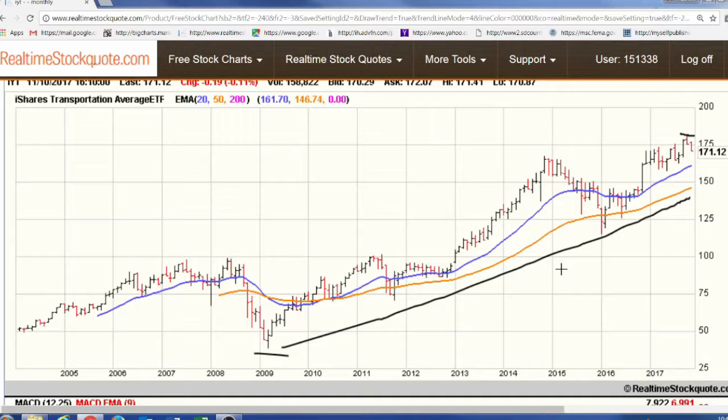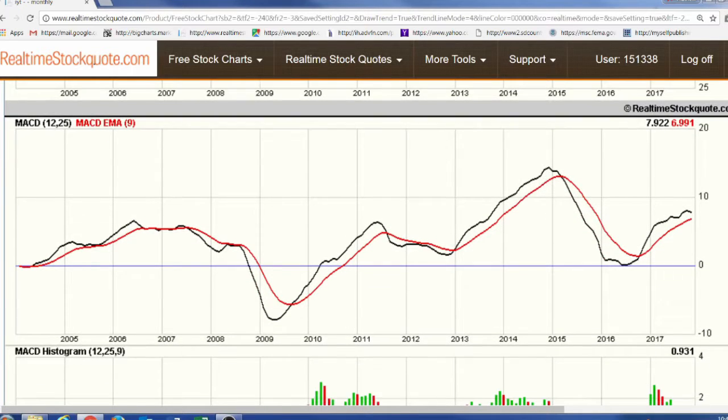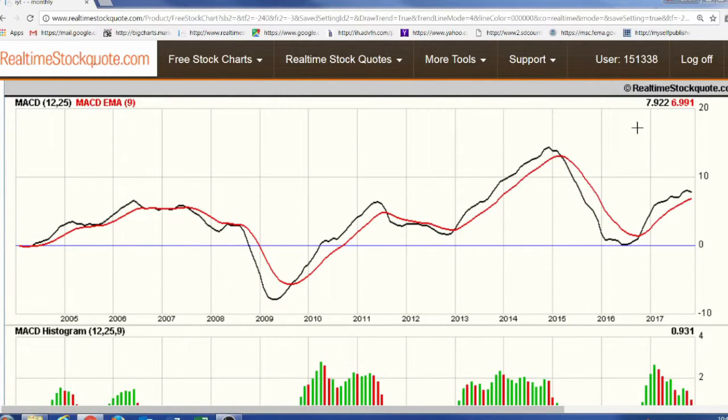All looks good. However, when we go down and take a look at the MACD, we start to see a little bit of a different story. Here, the high in the MACD was back in late 2014 into 2015, bottoming in mid-2016 with an upward move here. However, our current level is well below where we were in late 2014.